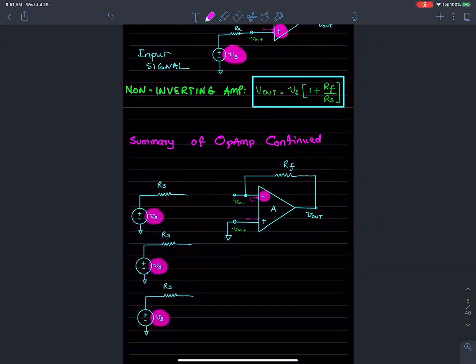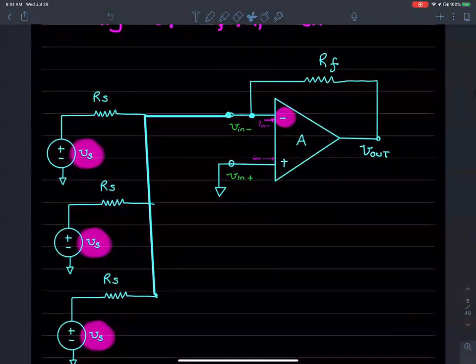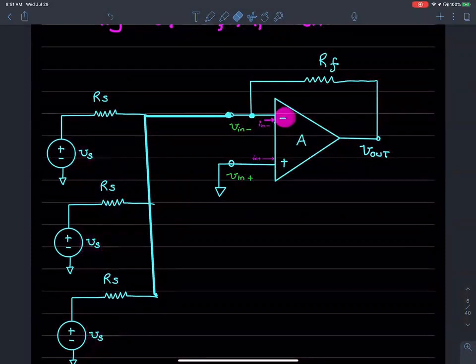Now what I'm going to do is tie all of these together and apply the combined value right here. So in effect I'm applying not one input signal, but 3 input signals.